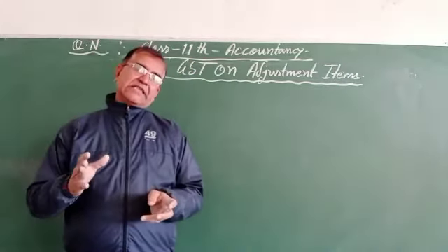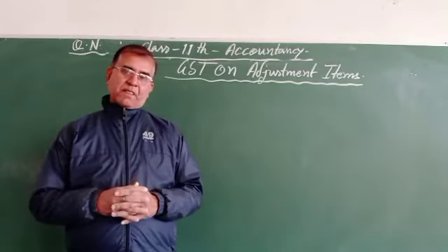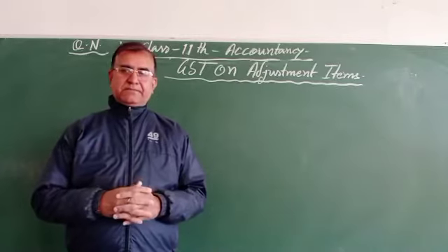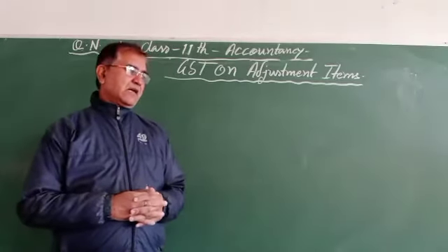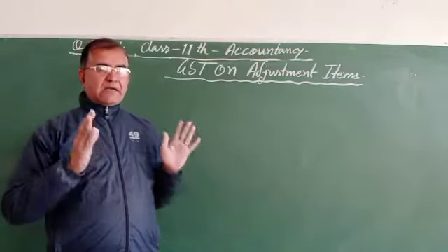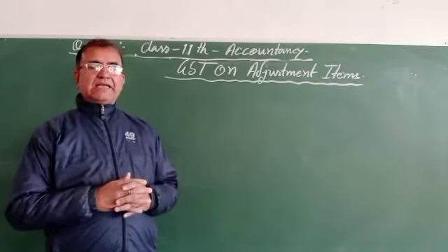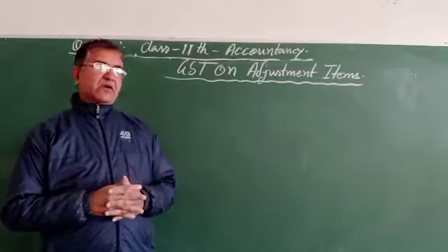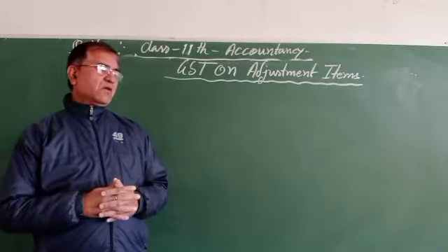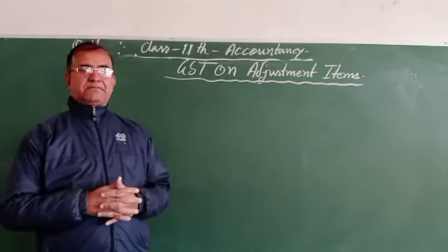The input CGST is an asset, shown in the trial balance in the debit column, because it is the asset of the organization when the goods are purchased.